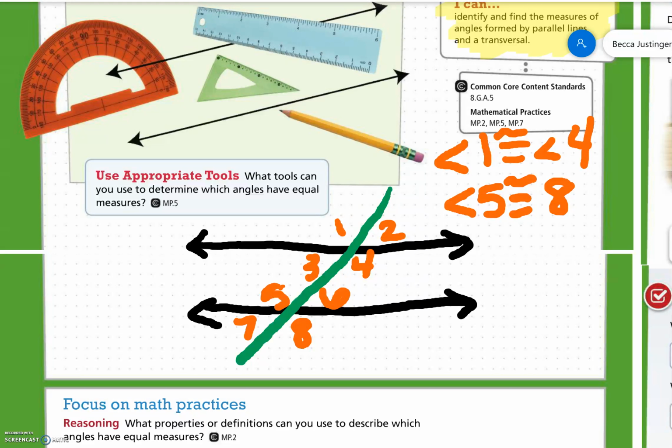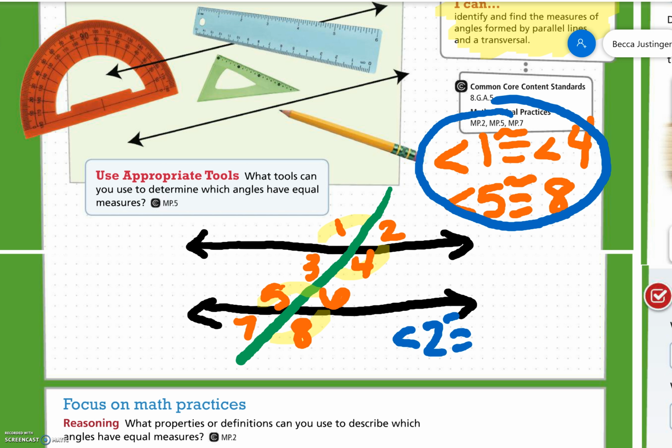So we've got 1 and 4, 5 and 8, and they're actually all congruent to each other, because if I were to slide the top black line on top of the bottom black line along the green line, those angles would line up. So in the reverse, angle 2 is congruent to angle 3, which is congruent to angle 6, which is congruent to angle 7.